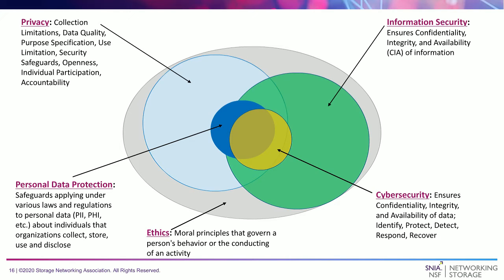Then on the left-hand side, you see privacy, which deals with some of those principles that I just went through. On the right-hand side, you see information security, which is focused on confidentiality, integrity, and availability. There is some overlap between those two, and in the midst of that overlap, you'll see personal data protection and cybersecurity.